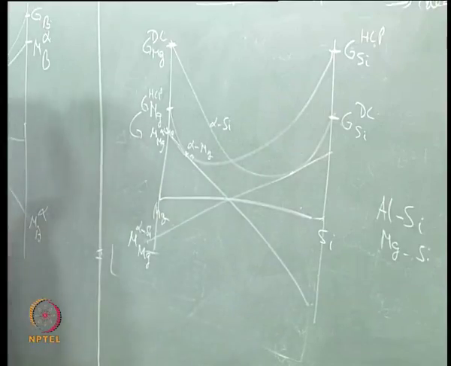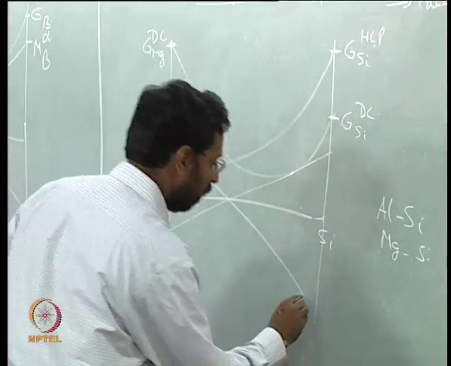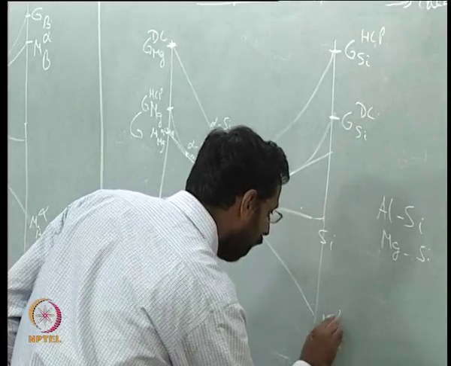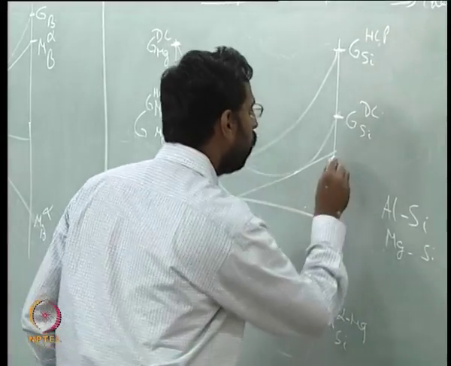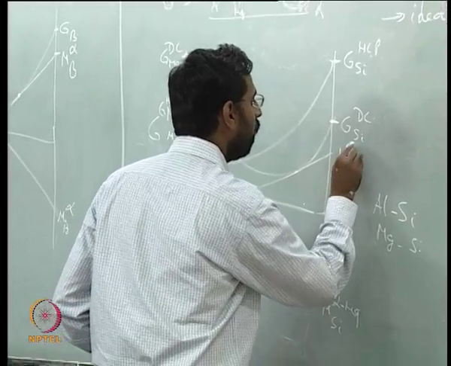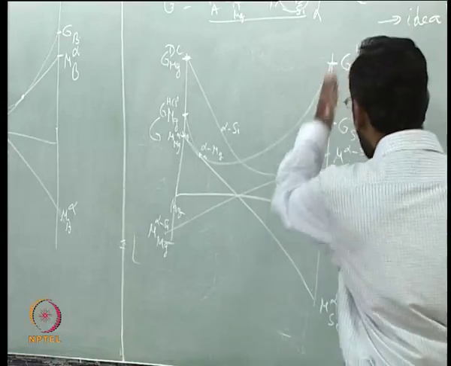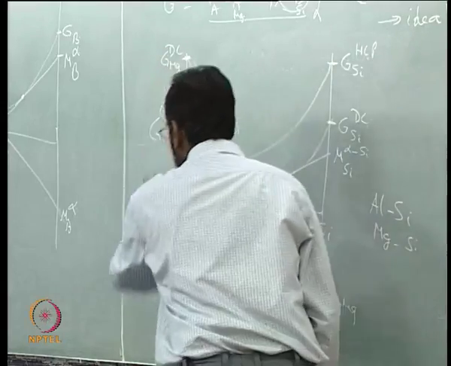So that is where it is intersecting. Similarly, this intersection is mu of silicon in alpha magnesium. This is mu of silicon in alpha silicon. This side is the pure silicon side, this side is the pure magnesium side.